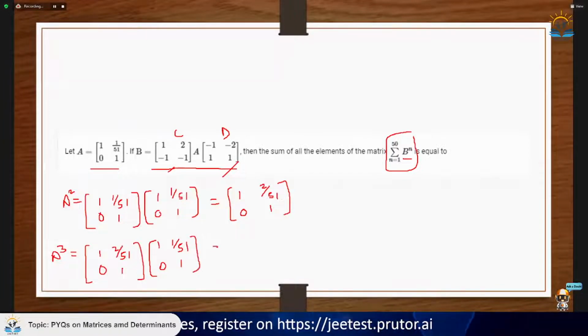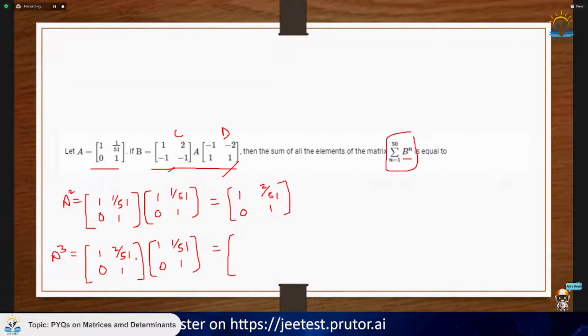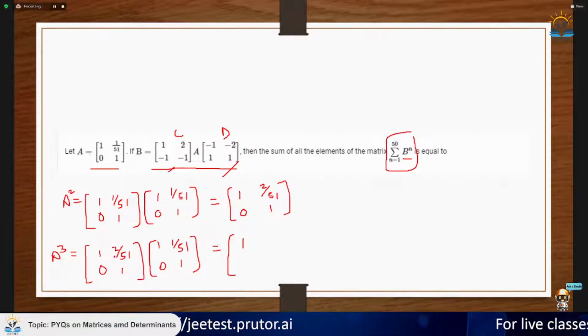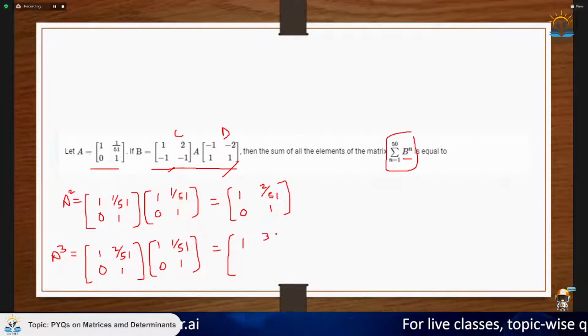So again multiply it, you will be getting 1 into 1 plus 2 by 51 into 0, so 1 here, then 1 by 51 plus 2 by 51, that is 3 by 51.